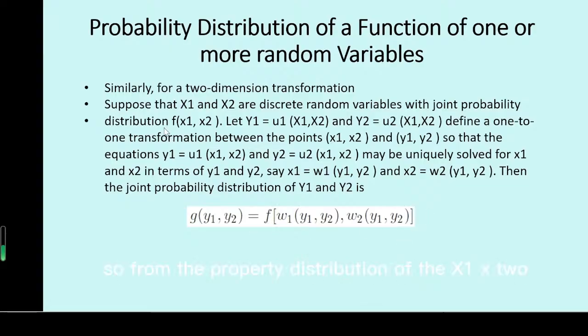So the probability distribution of (X1, X2) can be used for the probability distribution g of (Y1, Y2), but the values are the inverse functions of x1 and x2 in terms of y1 and y2, which are w1(y1, y2) and w2(y1, y2). Because they are a one-to-one transformation. This is very important.